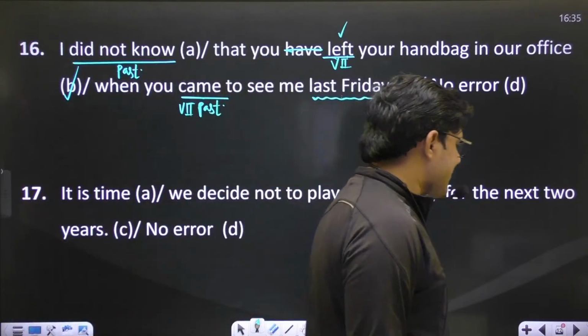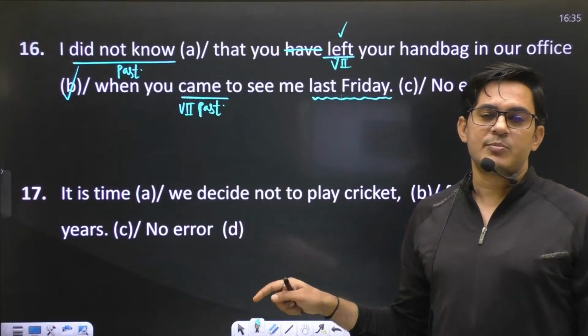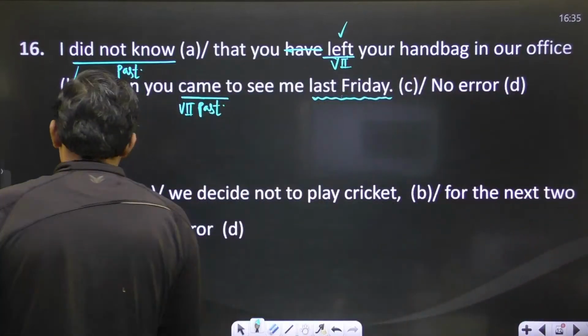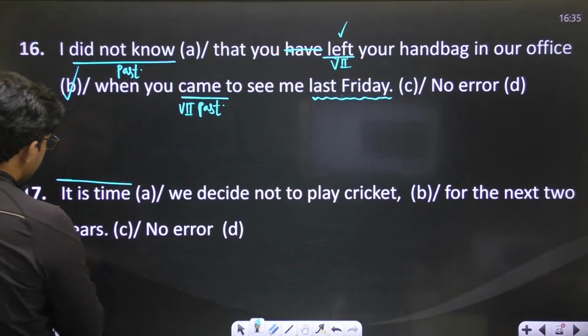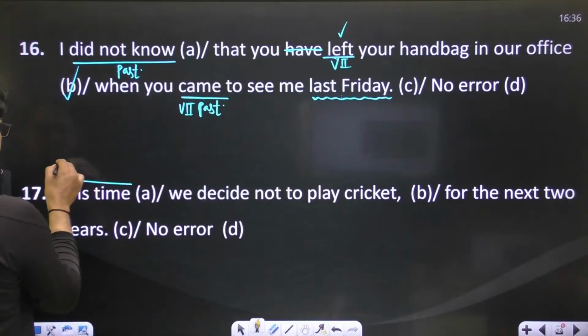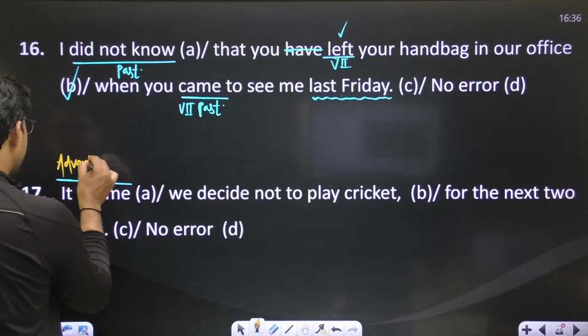Okay, it is time we decide. This is the most important concept. Question number 17. Whenever you get this phrase, make sure this is an adverbial phrase: it is high time, it is right time, it is exact time.